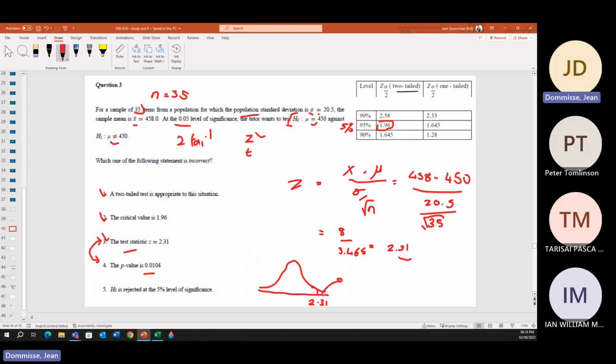So to get to that value, we will need to go to our study guide again. Let me just open that up. Hopefully I've got it somewhere close by.